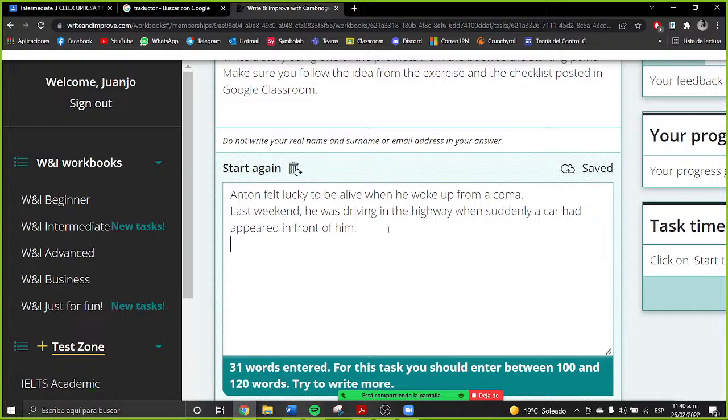The car crash. ¿Cómo se puede decir? Los carros chocaron. Él no pudo frenar. Es como que he couldn't stop the car.